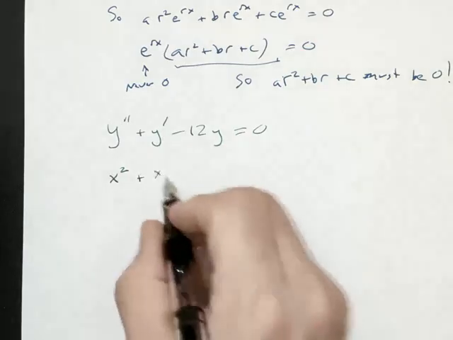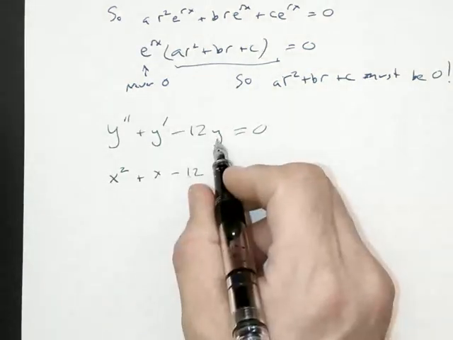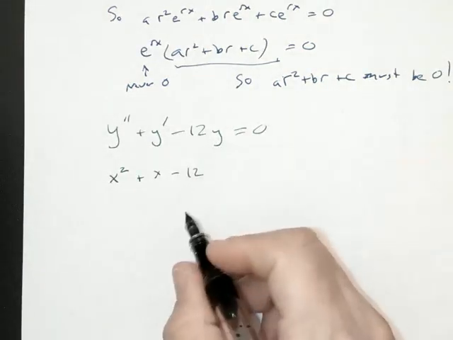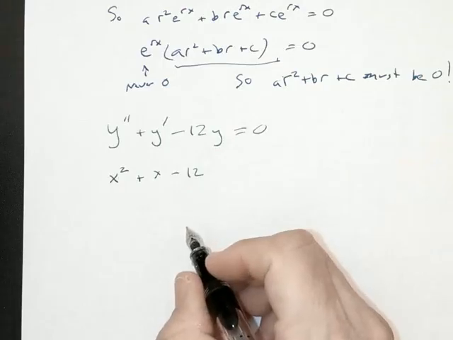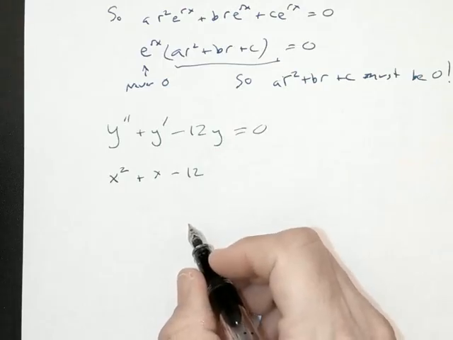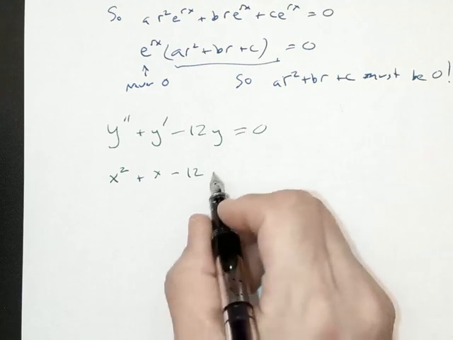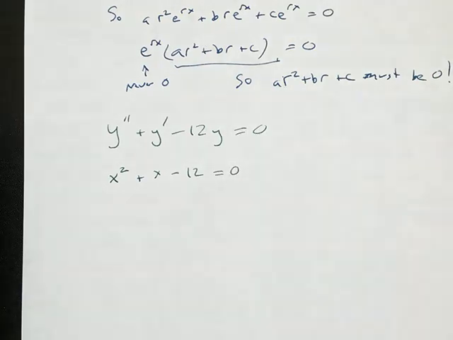I will replace y prime with x, and I will replace y with the 0th power of x, but x to the 0 is just 1. I have a quadratic equation.